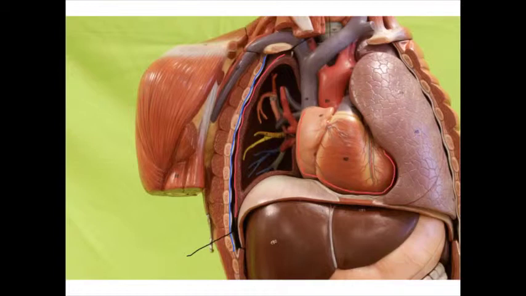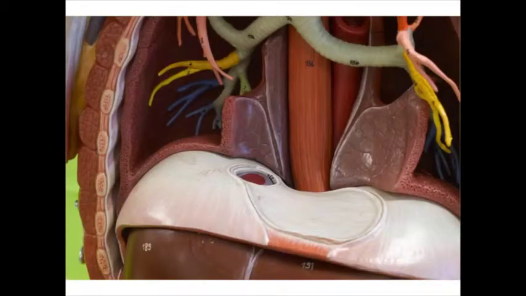As you can imagine, if those structures were actually sitting up against each other without this membrane in between, very soon you'd start wearing out the outer surfaces of both the lungs and the heart. Not a terribly desirable thing to do. Let's take a look at this from a slightly different view.